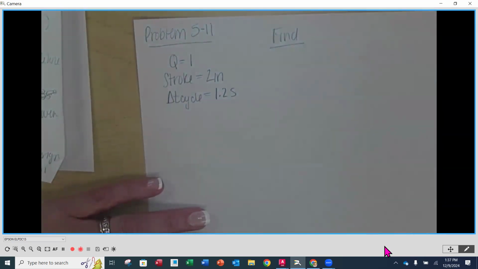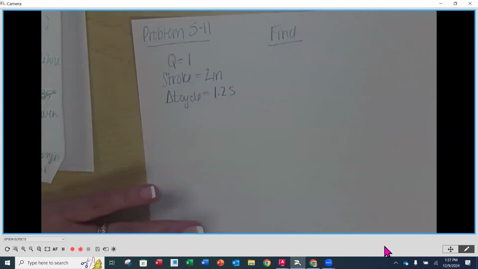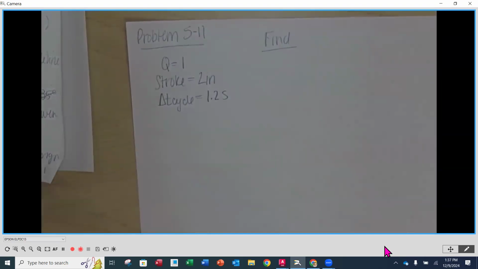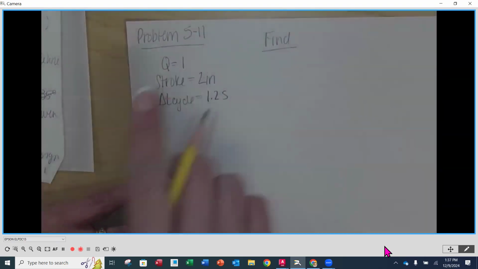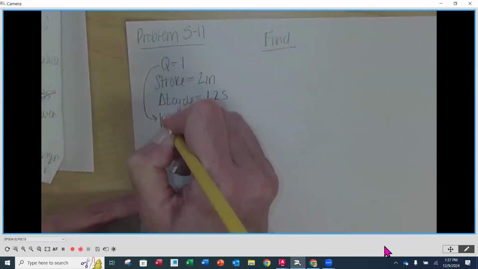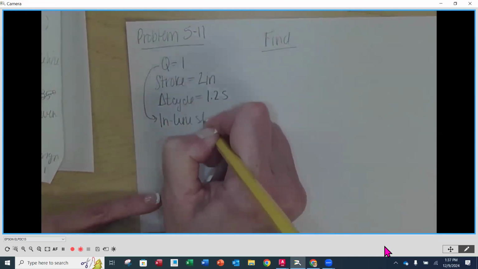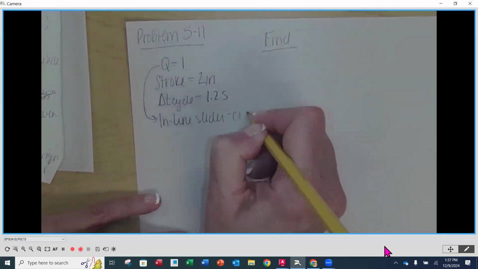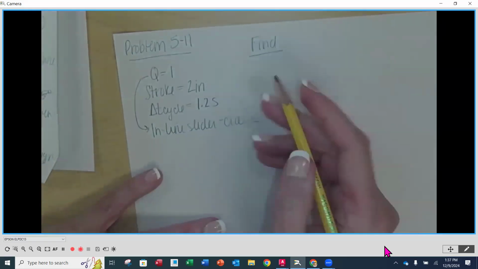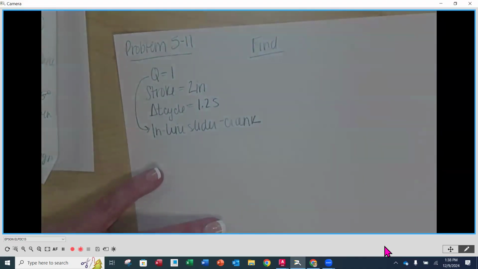Now, L1, we haven't seen an offset slider crank mechanism yet. L1 is going to be associated with that. So for our problem, because our Q is 1, we know it's an inline slider crank. So that means that there is no L1.